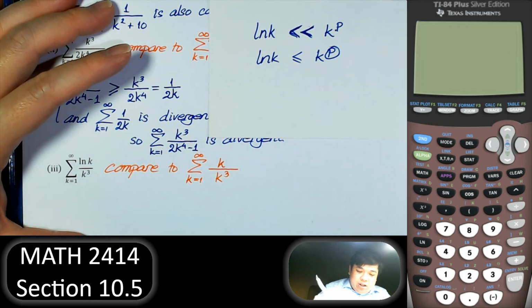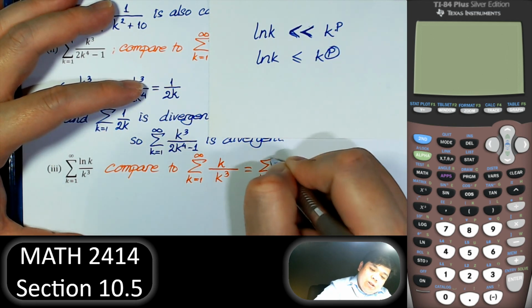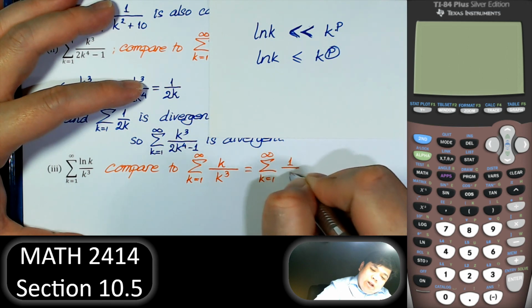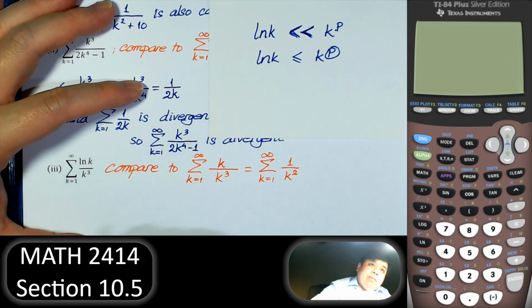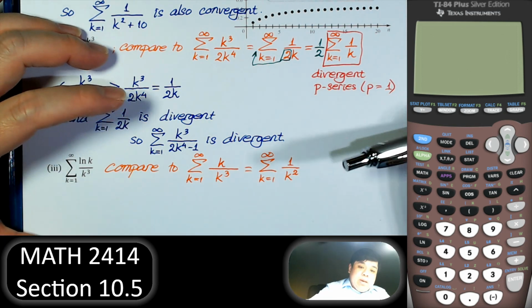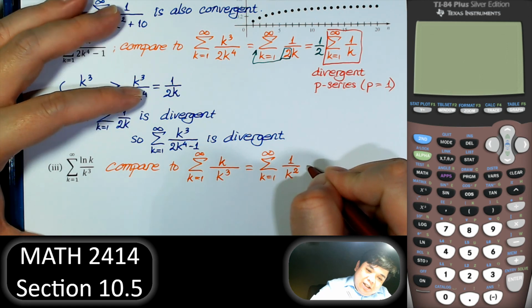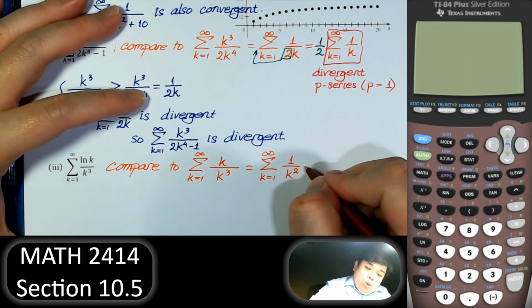That cancels out, and we have this series equivalent to 1 over k squared. And this is a p-series, and p equal to 2, which is convergent.